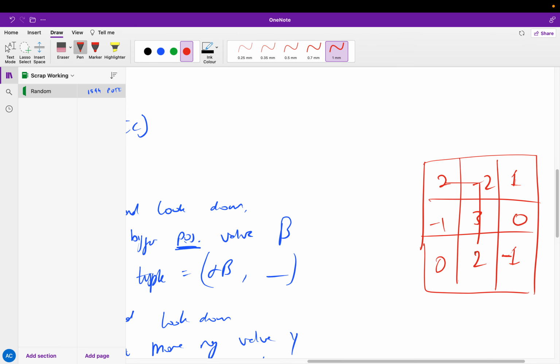So I think the best path would be this, right? Because you have negative makes +2, then 6, 12, 24, right? So that'll be your best.